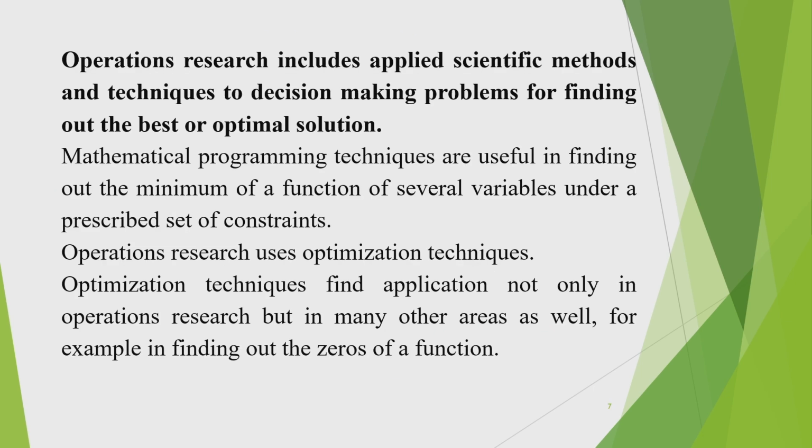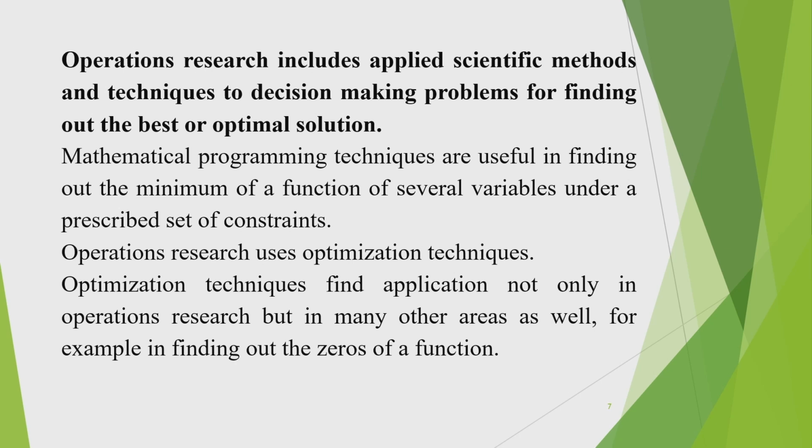Okay. Now, operations research includes applied scientific methods and techniques for decision making problems, to find the best or optimal solution. As I said, there may be constraints, but operations research can solve that. Mathematical programming techniques are useful in finding the minimum of a function of several variables under a prescribed set of constraints.